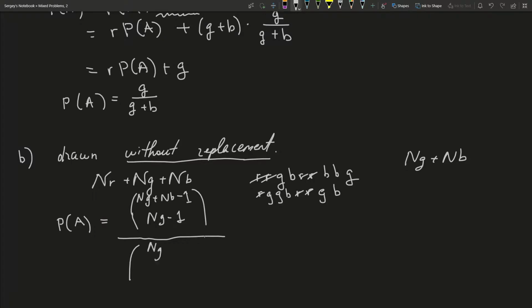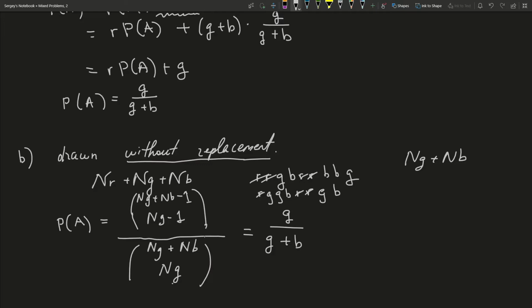Well, that's NG plus NB choose NG. In total, we select from NG plus NB balls, the number of green and blue balls, and out of those we pick the NG positions where the green balls are going to go. That's the total number of ways to select a sequence of these green and blue balls, and we're interested in the number of ways where the first ball is green. And so this probability, again, simplifies to G over G plus B, which matches the result from part A.